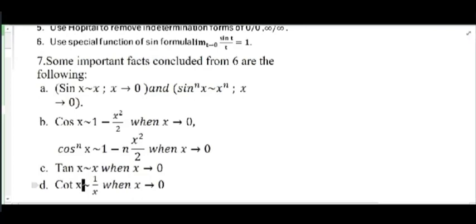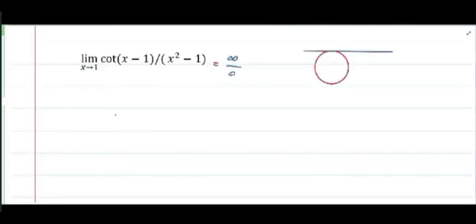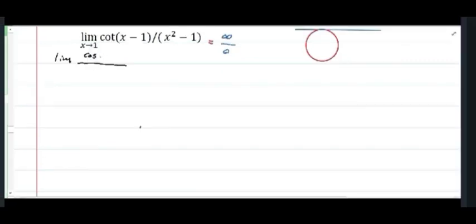But suppose that I don't remember this formula, and just based on number 6 I want to solve, and I just know that the limit of sine t over t when t approaching 0 is equal to 1. So let's write this in terms of that. So here I can write cotangent as cosine of x minus 1 over sine of x minus 1 over x squared minus 1. I can write x squared minus 1 as x minus 1 times x plus 1.